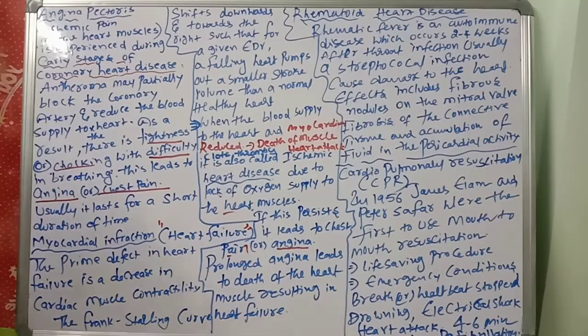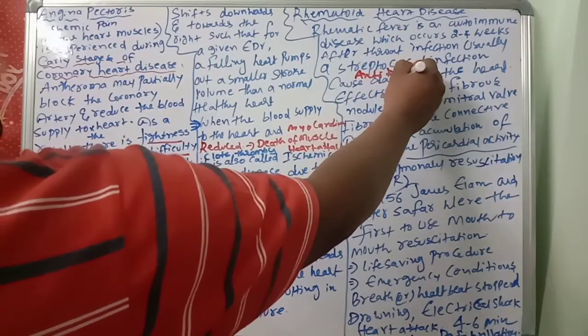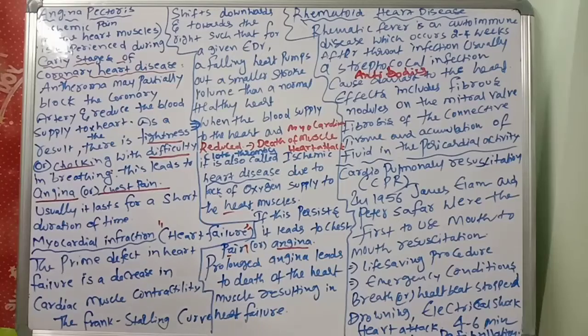Once again I am telling you, children, rheumatic fever is an autoimmune disease which occurs 2 to 4 weeks after a throat infection, usually a streptococcal infection. The antibodies developed to combat the infection can cause damage to the heart.